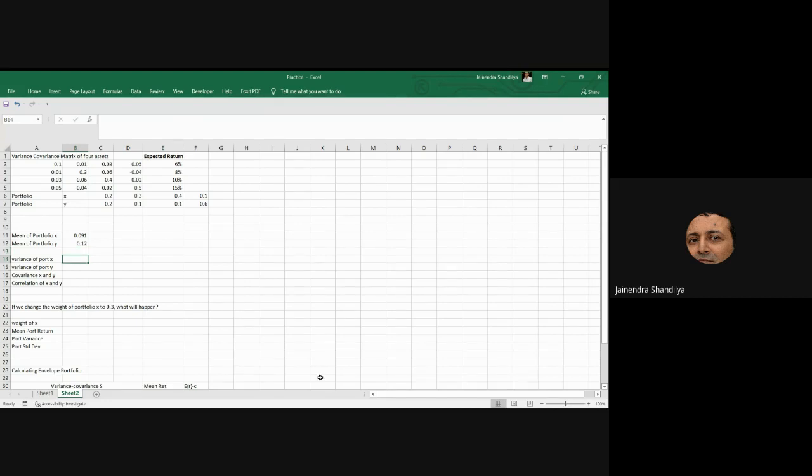Now coming back to variance of X. If you are given the variance and covariance matrix and you have to calculate variance, you multiply transpose of X with the variance covariance matrix and then the matrix X. So here, when we are calculating variance of portfolio X, we have to again use an array formula, because there are two matrix multiplications that we are going to face. And then we'll select this array of matrix.